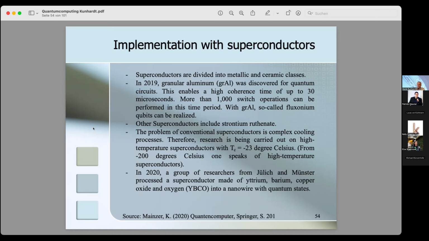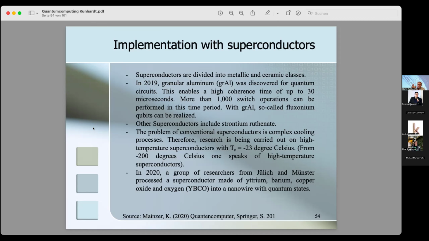So I would say in a normal fridge, you can use that in order to cool the system to minus 23 degrees, nothing compared to minus 270 degrees. That means a lot of effort and amount of energy to cool down a system in that way.